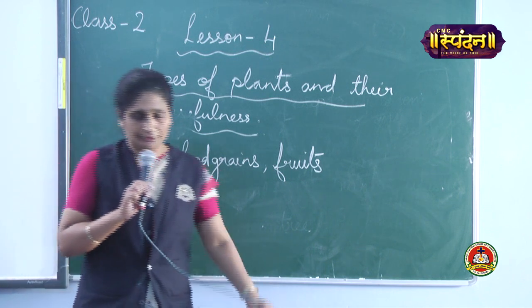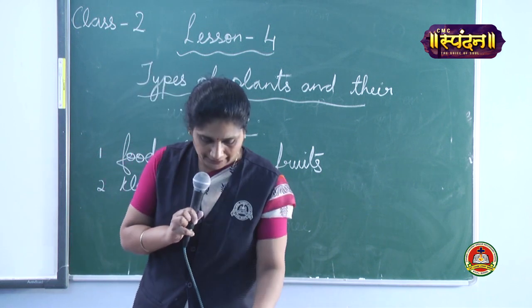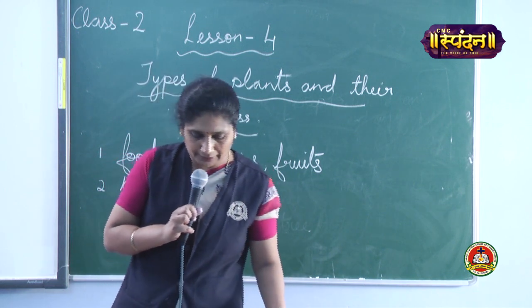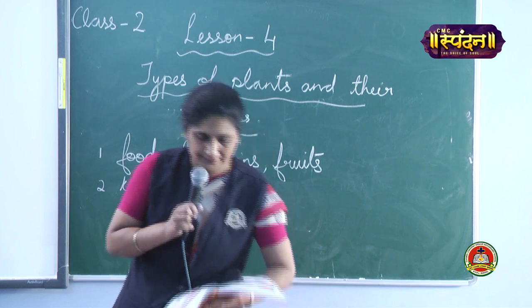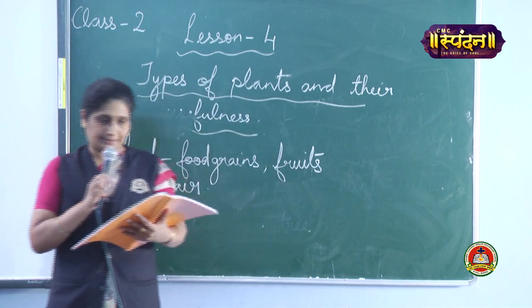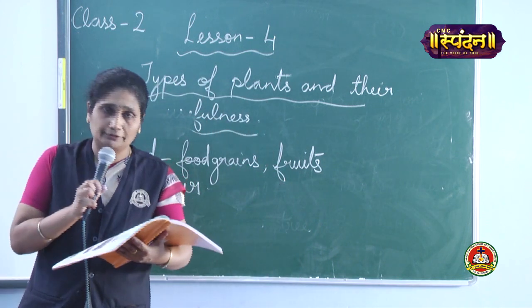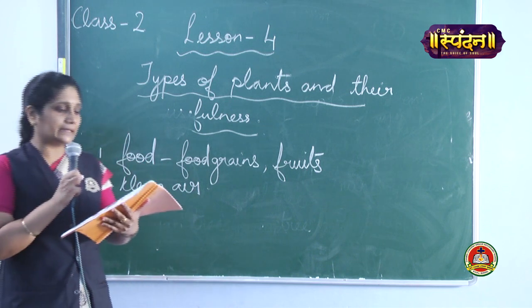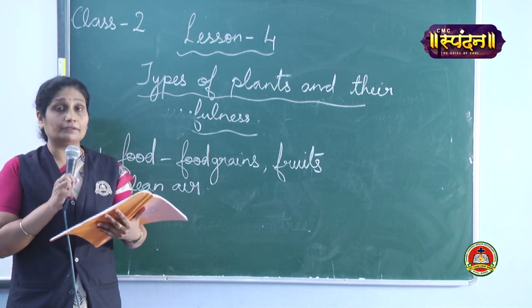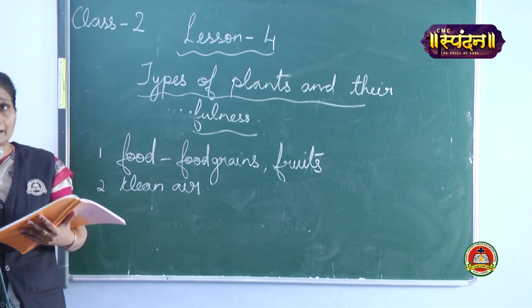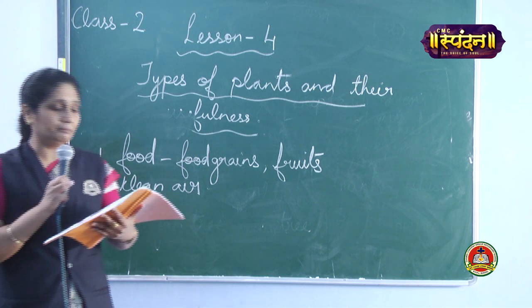So, we'll read about the usefulness of plants. Now, every part of a plant is useful to us. Food from plants. Now, what are the foods we get from plants? Some plants like wheat, rice, maize, etc. give us food grains. I have told you that these are the crops we get from plants.